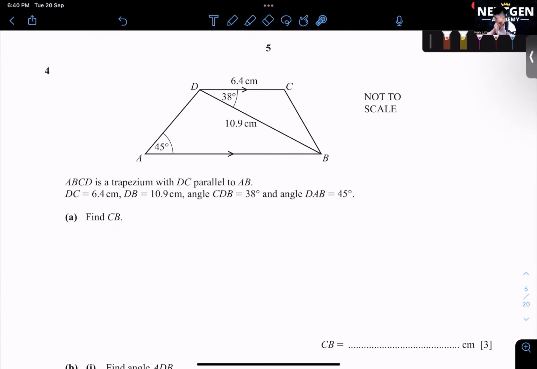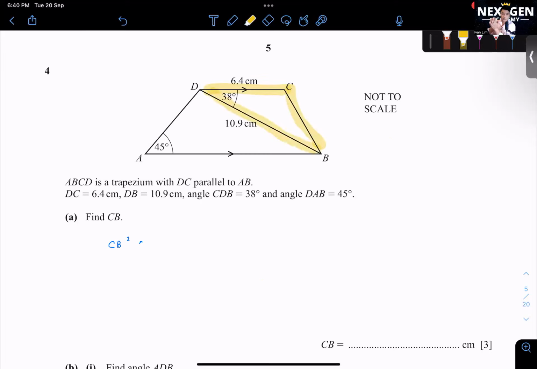All right, this kind of question, use your sine rule, cos rule. So CB squared equals to, wait, we see which triangle you want to use first. CB means here. So we want to use this triangle first, right?